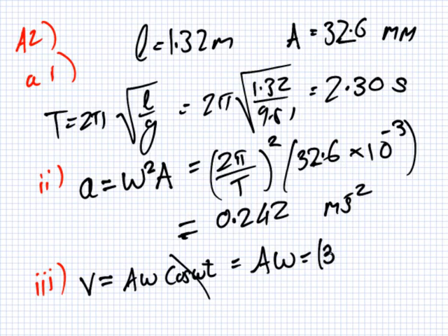should be the same as the last part. It's 2 pi over T, just without the square. Oh, sorry, 2 pi over T times the A. What did you get? 0.089.